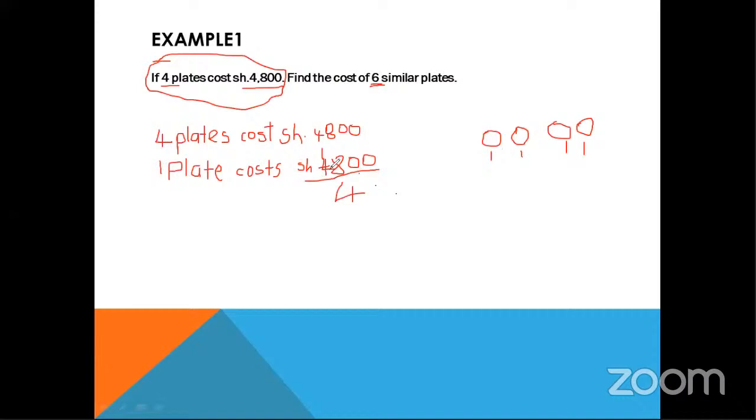No. So now we go to 8 because we didn't regroup, we didn't carry anything. So 8 divided by 4. Let's start. 1, 2, 3, 4, 5, 6, 7, 8. So 8 divided by 4 gives us 2.